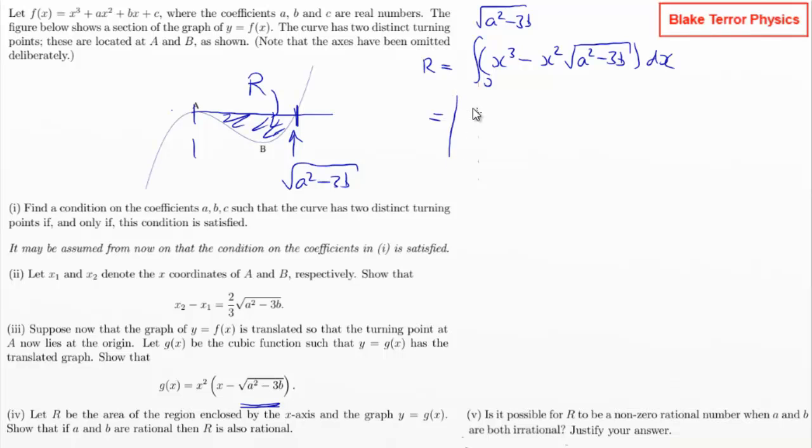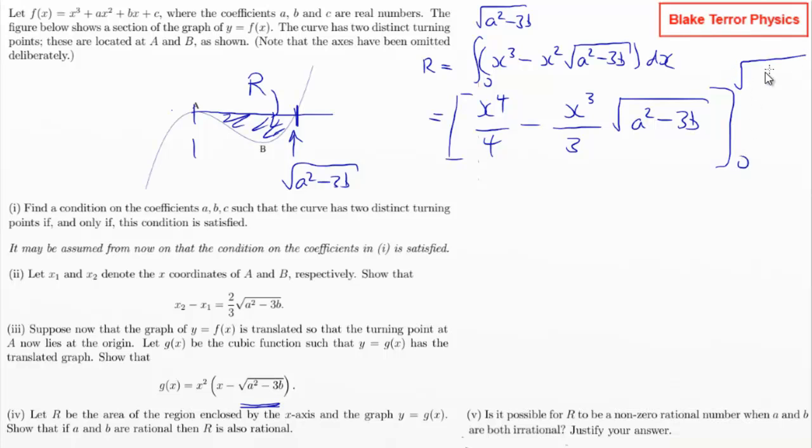Okay, so x to the 4 over 4, that's the first one. And then we're going to have an x cubed over 3 multiplied by that square root of a squared minus 3b. And that is between 0 and the square root of a squared minus 3b. Well, at least the 0 we don't have to worry about.